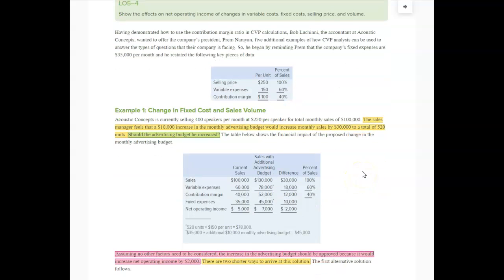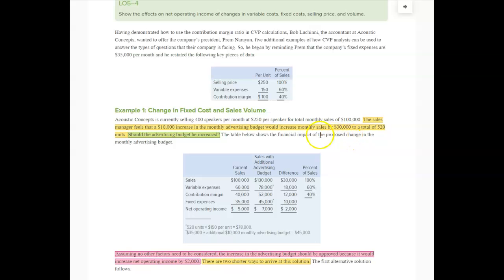Given what we know now about how sales prices, variable cost, and fixed costs relate to each other, let's start changing a few things and see the results. So here we go. We're currently selling 400 speakers per month. That's the same number we've used so far. Now, the sales manager feels that a $10,000 increase in the monthly advertising budget would increase monthly sales by $30,000 to a total of 520 units.